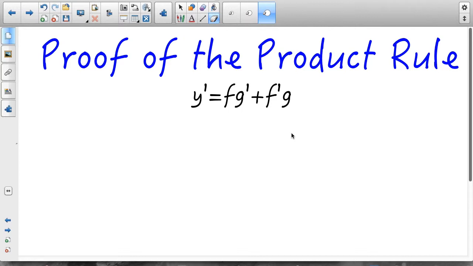Like I say to my students, it's really easy for me to get up and do the proof of the product rule because I've done it. I learned it when I was in school, and I've done it for students hundreds of times. So yeah, it looks easy when I do it. But if you want to learn a proof of the derivative, you have to sit down and work through it.